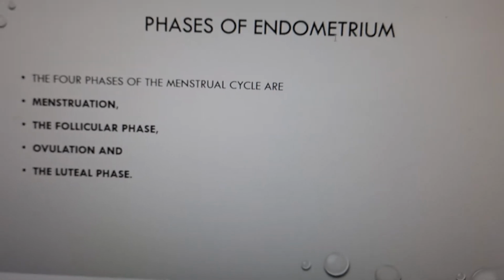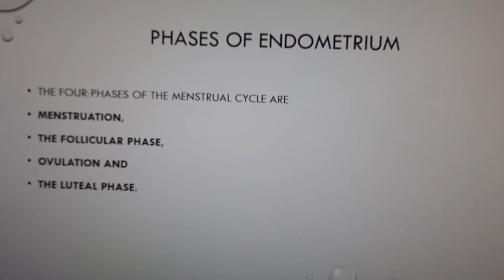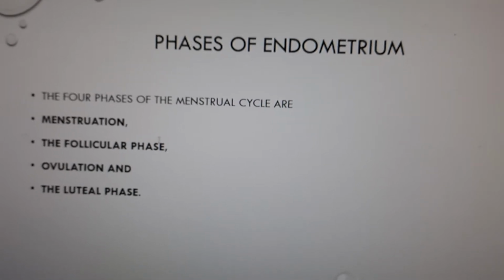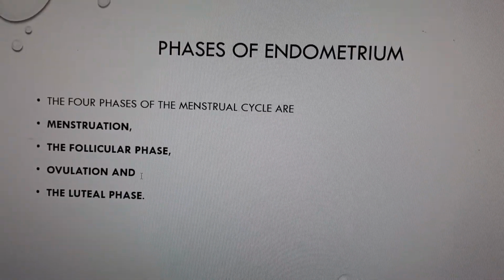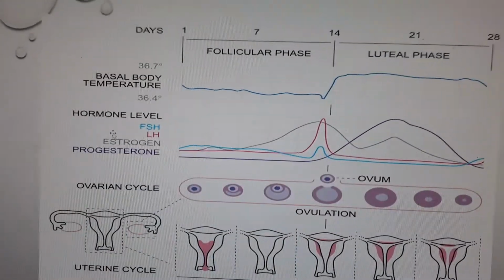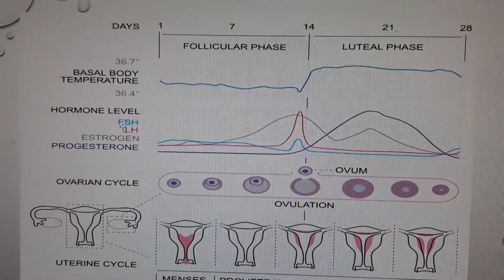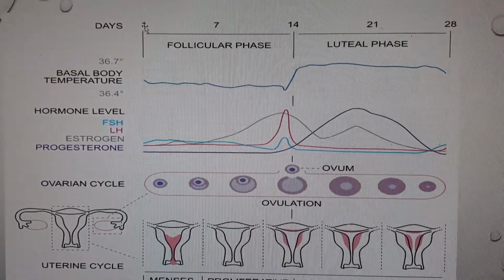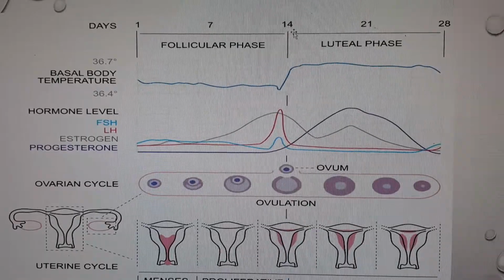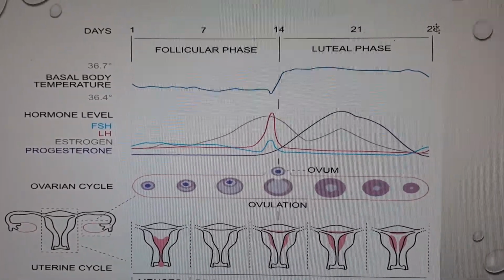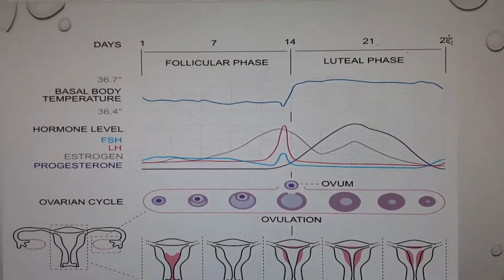The phases of the endometrium are four: menstruation, which is the bleeding of the periods, the follicular phase, ovulation, and the luteal phase. As we see in this picture, the graph shows the first day of the cycle to day 14 and 21, and normally we count the normal cycle as 28 days.